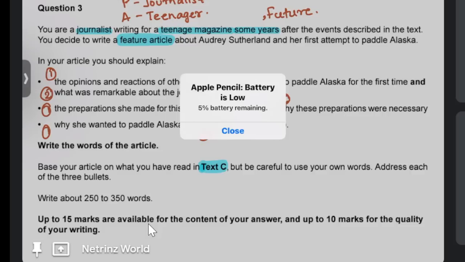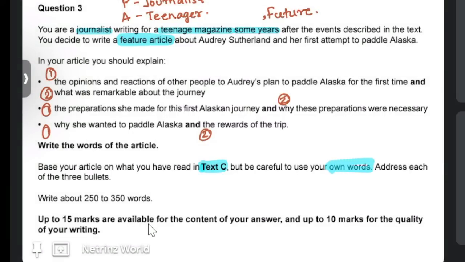Of course, that goes without saying. You have to use your own words for this particular question and answer each of these 3 bullet points. Your answer should be around 250 to 350 words, with 15 marks for the content and 10 marks for the quality of your writing. This is what you are supposed to do in this particular question.